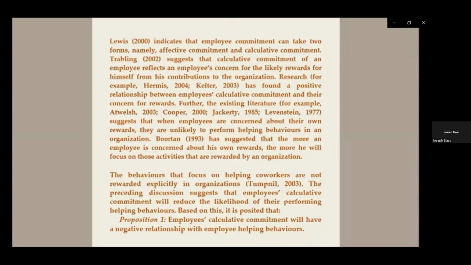So the behaviors that focus on helping coworkers are not rewarded explicitly in organizations.